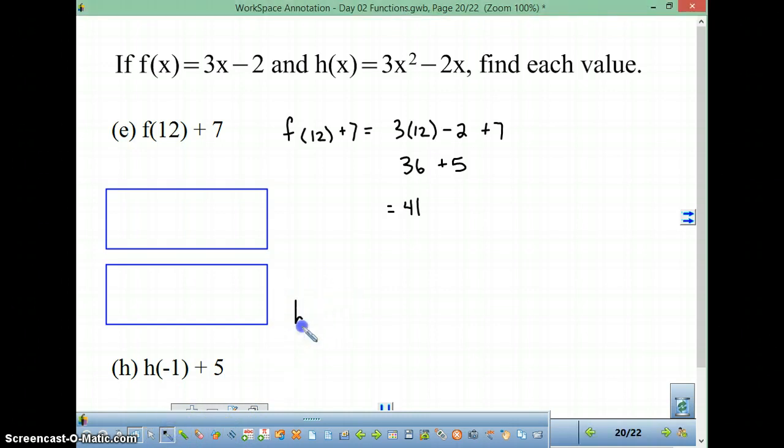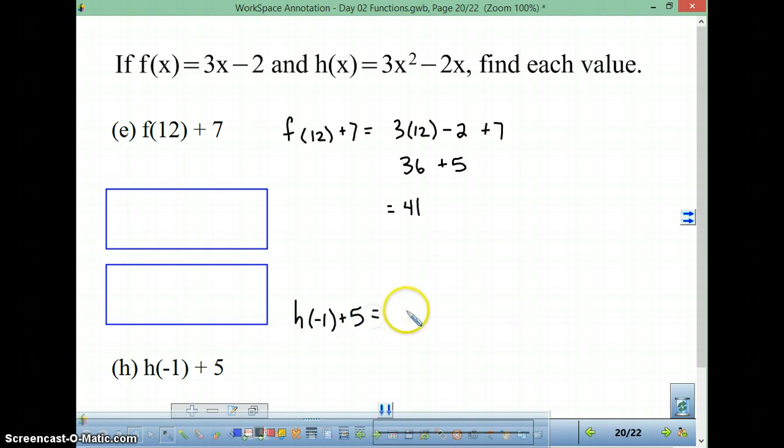That is going to be equal to 3 times negative 1 squared minus 2 times negative 1 plus 5. Okay? So negative 1 squared, that's negative 1 times negative 1 is 1, times 3 is 3. Negative 2 times negative 1 is plus 2, plus 5. Altogether, we've got 10.